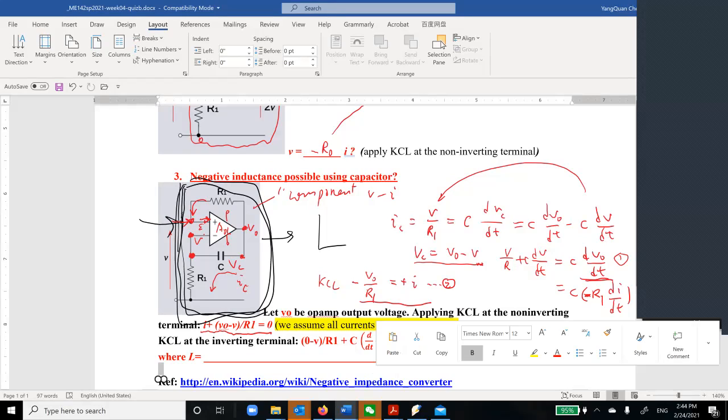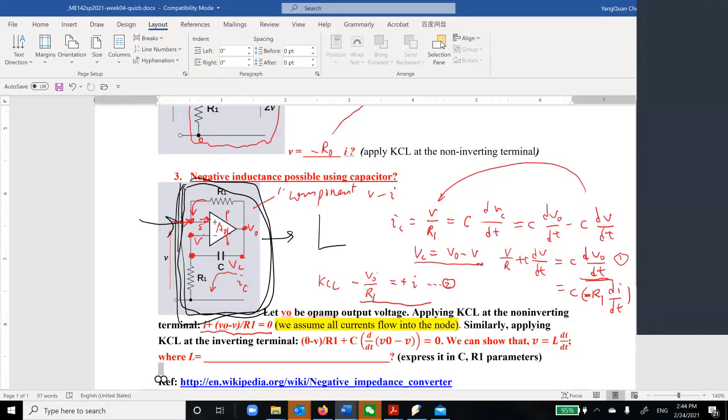Oh, sorry. So this is V0 minus V minus V. V0 minus V, here you got a V. V0 minus V is Vi. So I'm wrong, I was looking at this one. So then that means I have di/dt.